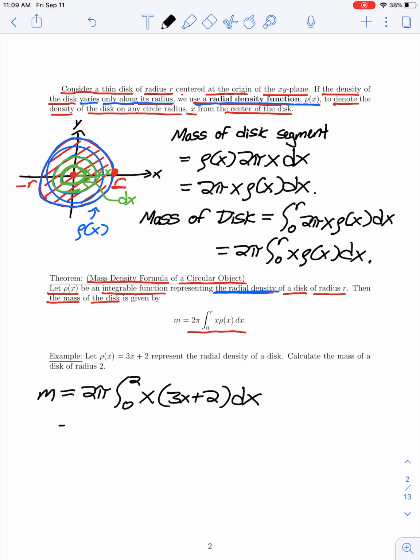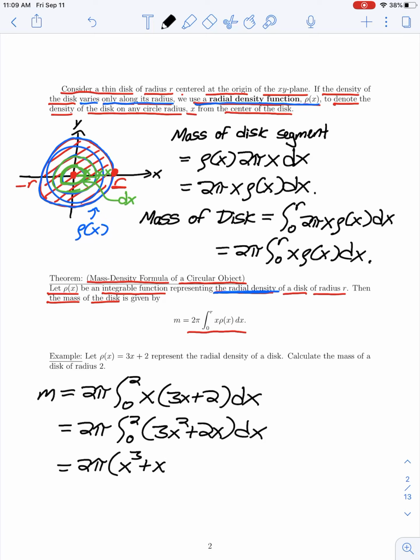So to integrate, I'll first distribute my x, and I have 2 pi times the integral from 0 to 2 of 3x squared plus 2x dx. And the antiderivative is then 2 pi times x cubed plus x squared, which is being evaluated from 0 to 2.